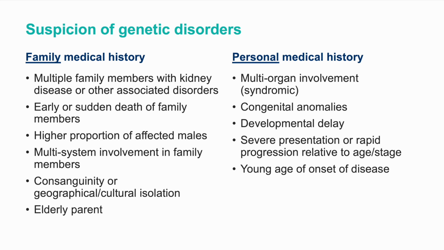Just some fundamentals, what would lead you to a suspicion of a genetic disorder? On one hand, there is the family medical history, and on the other side, the personal medical history.